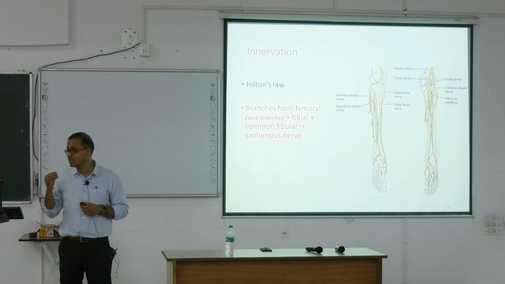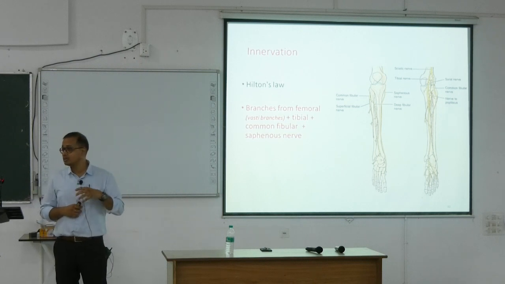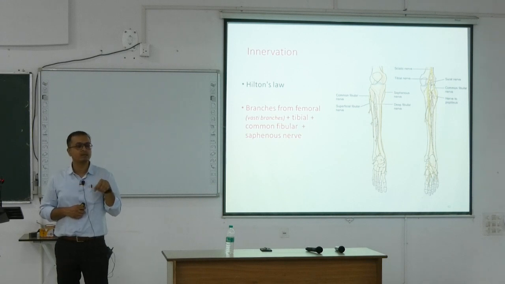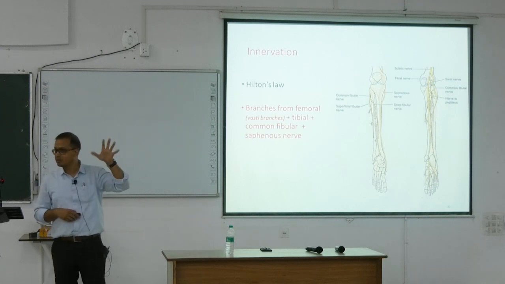That sensation we call proprioception, or joint position sense. This nerve picks up how the joint is positioned at that point, relays it to the central nervous system, and it is assessed by our brain.